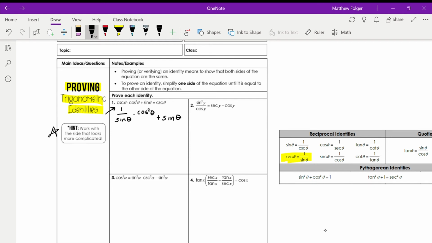Now notice, I'm not doing anything with cosecant. That's going to be my answer. So once I get to the end, I can show that they're equal. To multiply these, this is a lot like the one that was on your problem set as well. The top, you have cosine squared theta over sine theta plus sine theta.